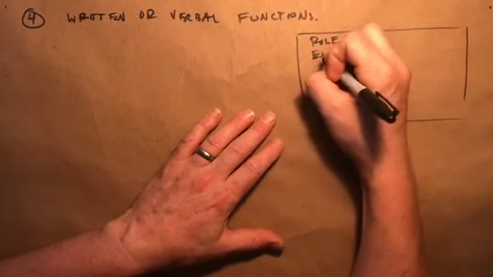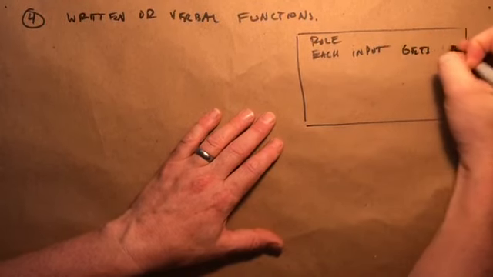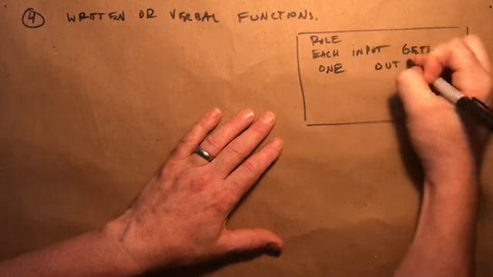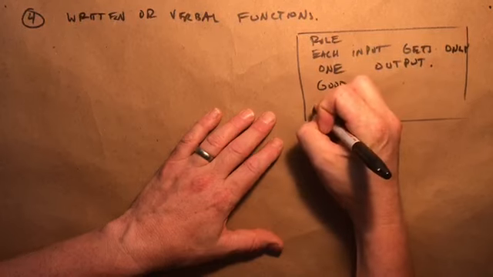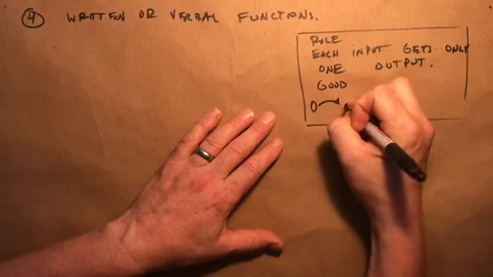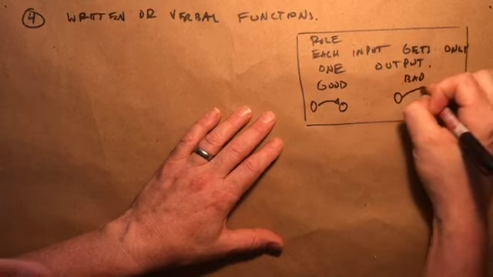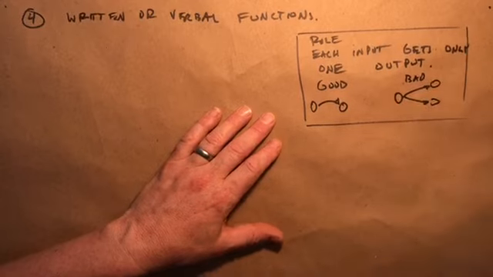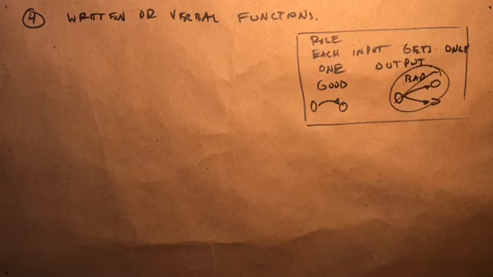Each input gets only one output. This one is good, and this is bad if I have an input and it goes to two different things. So, not a function over here. That one's the function. And I'm just looking at a rule, and I can make rules.